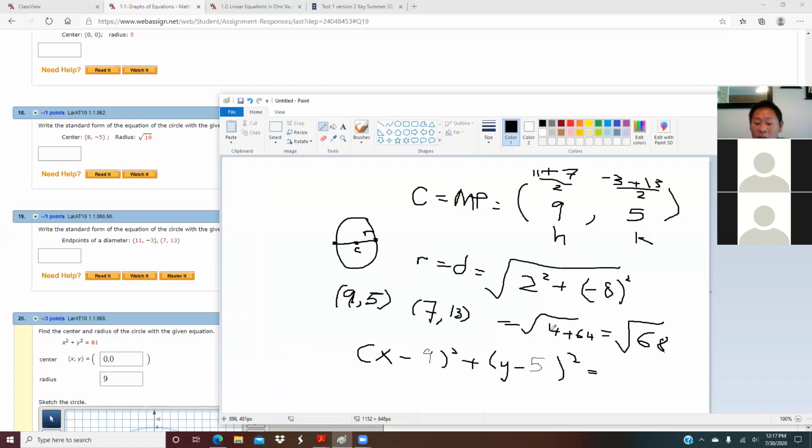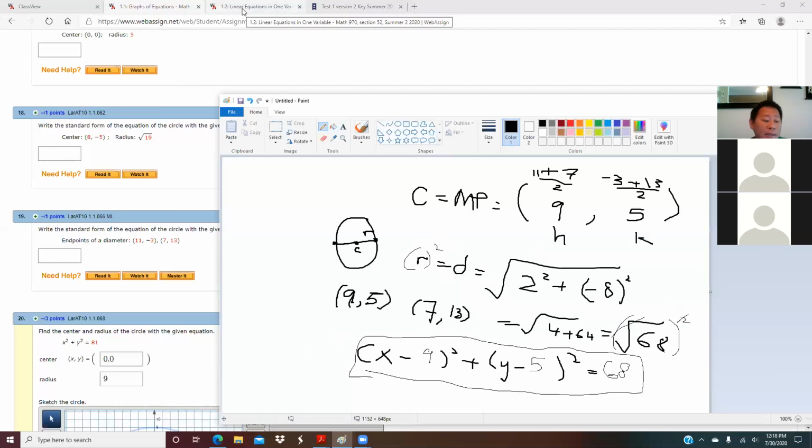This used to be r squared, but your r is square root of 68. When you square this, the square and square root cancel, so what you get here is just 68. So this equation will be this, and leave it in this form. You do not need to FOIL or distribute anything. This is what they want you to do. All right, so this is how we do question number 19 in your homework 1.1.